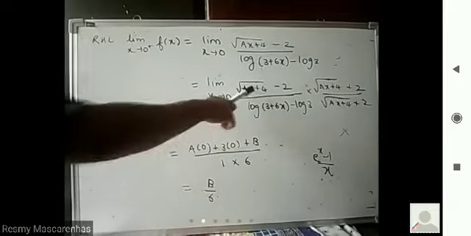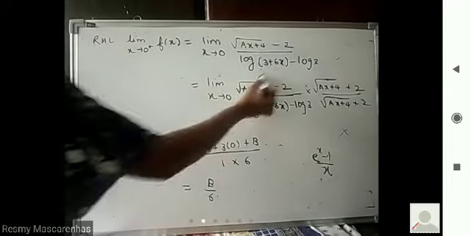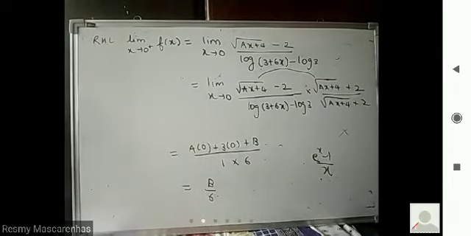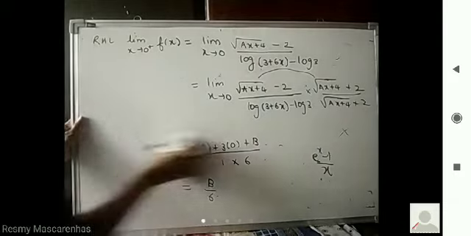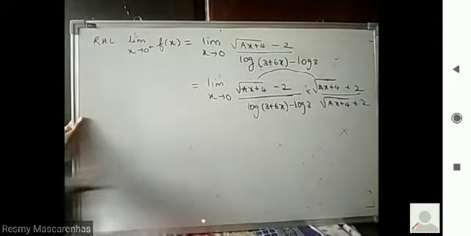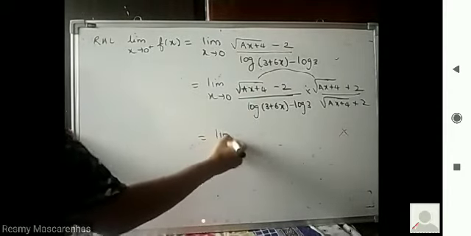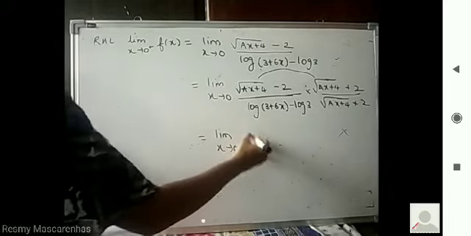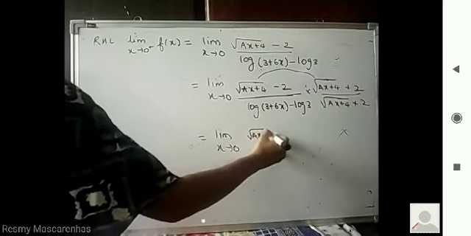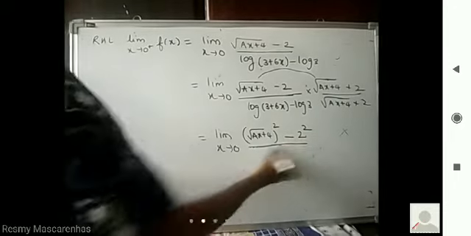Why am I doing this? So that I can get rid of the root sign. Now you know that a minus b into a plus b. I have solved enough rationalization problems, so by now you should know how to rationalize. So a minus b into a plus b will be a square minus b square.